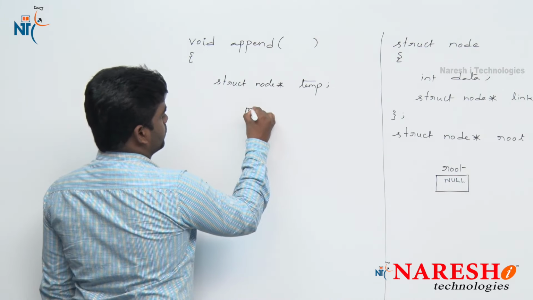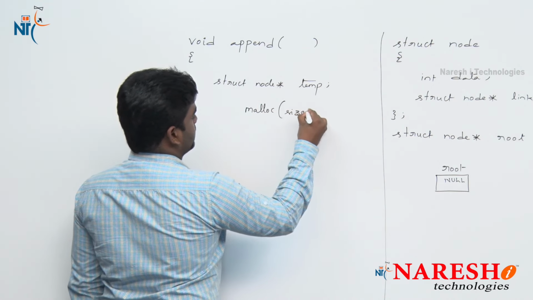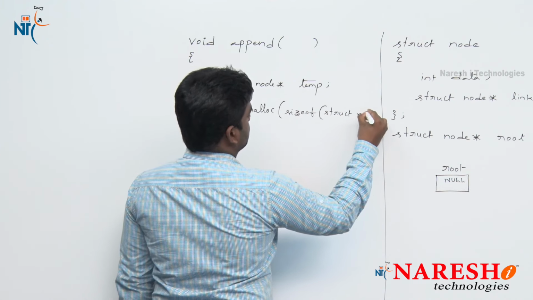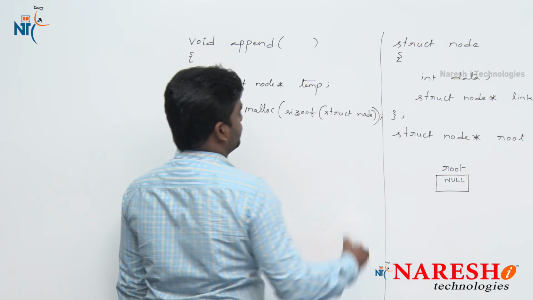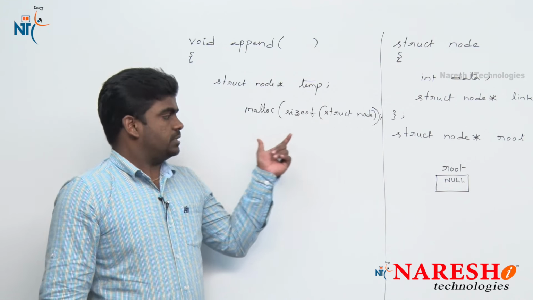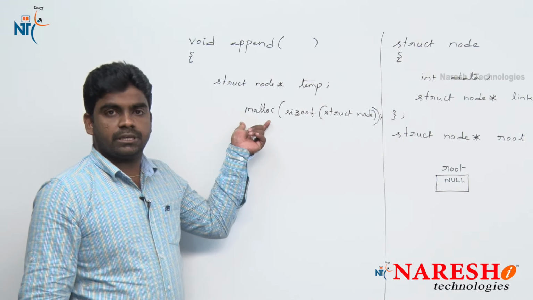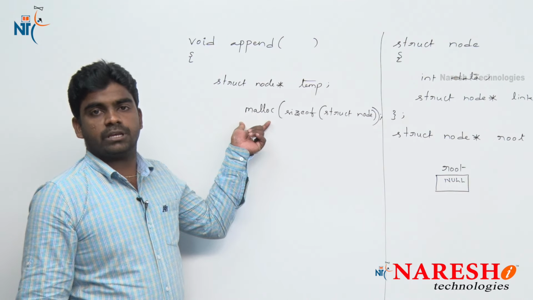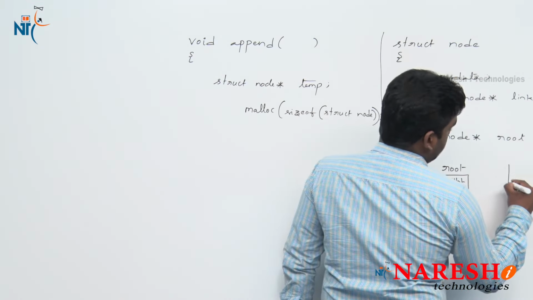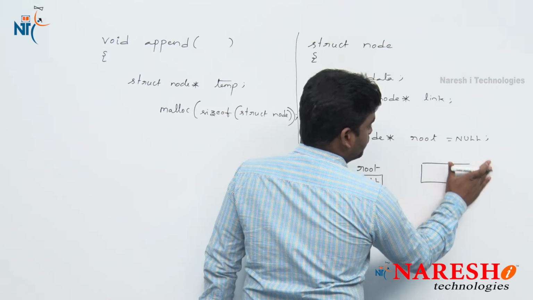Here it is malloc, and we are passing the size of struct node, the size of the structure. What the malloc function does is allocate the memory. See how it allocates: dynamically a block of memory will be allocated.